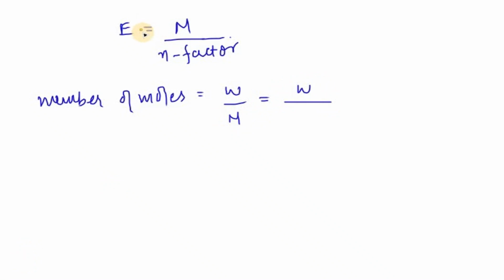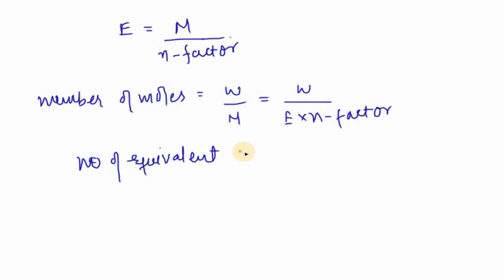If you cross multiply here E with n factor, that is equivalent mass into n factor, so we could write the number of moles by this term also. So here the number of equivalents becomes equal to the number of moles multiplied by n factor.